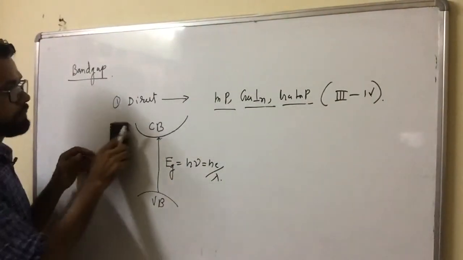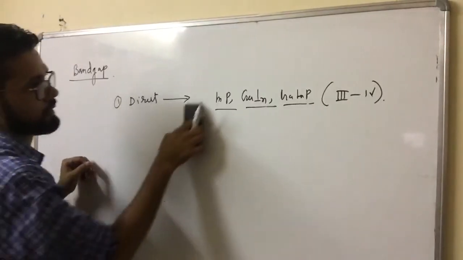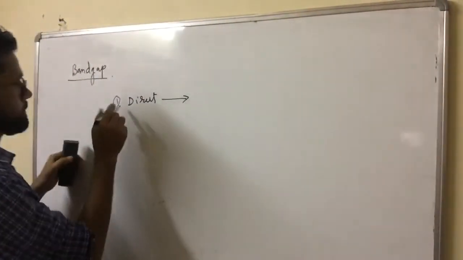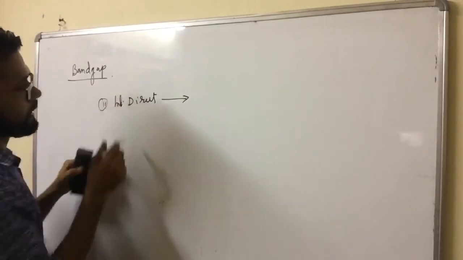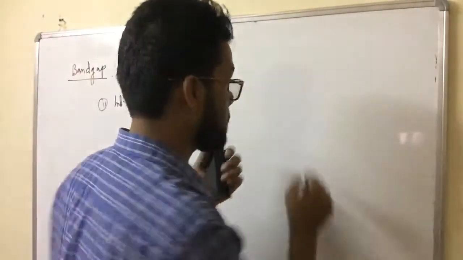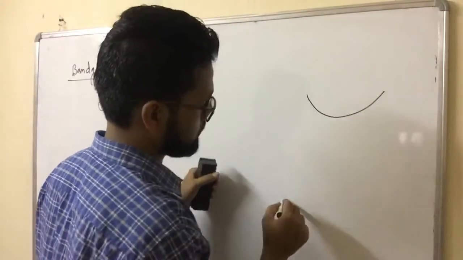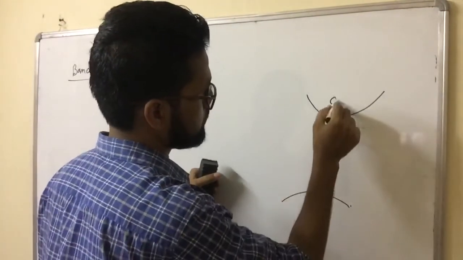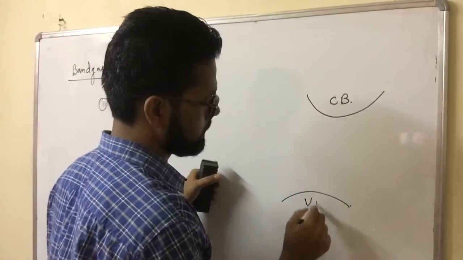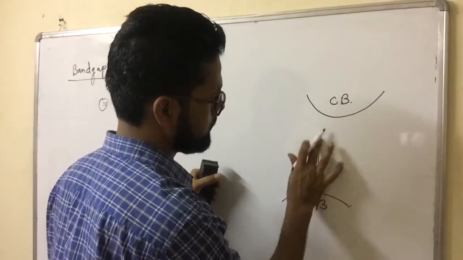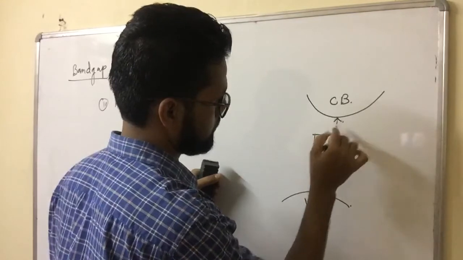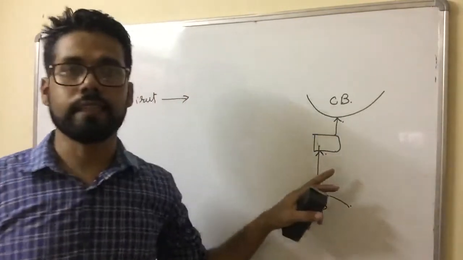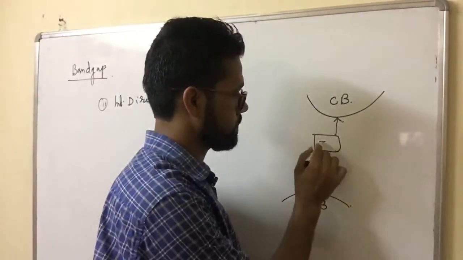Okay, now I am considering the indirect band gap semiconductor. What is the indirect band gap? You see the indirect band gap. This is the conduction band and this is the valency band. So the electron moves here, and this is called the trap center.